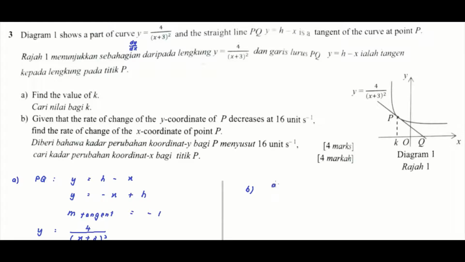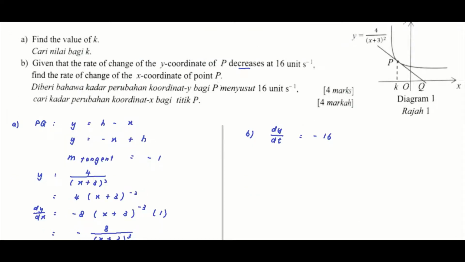So we express it in terms of dy over dt. The word decreases tells us that the rate of change is going to be negative. So it's given dy/dt equals negative 16.